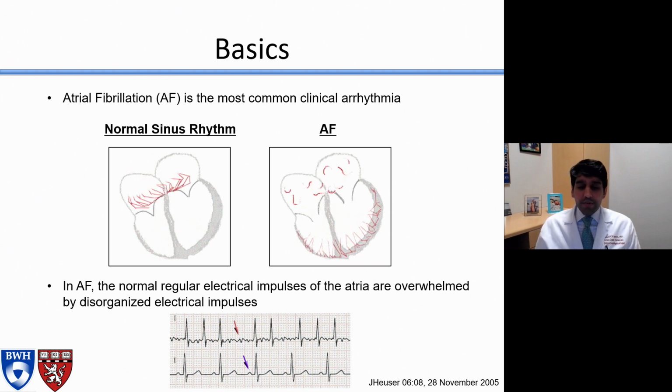We then get the very classic EKG pattern where the normal P wave, the normal atrial electrical signal, is lost, and on the top EKG, you see in atrial fibrillation that the P wave is replaced by a continuous disorganized fibrillatory wave throughout the tracing. This also results in irregular activation of the ventricle, as seen here by the irregular QRS complexes, which of course then results in an irregular pulse that one might feel on a physical exam, and the sensation of irregular heartbeat or palpitations that patients might feel.